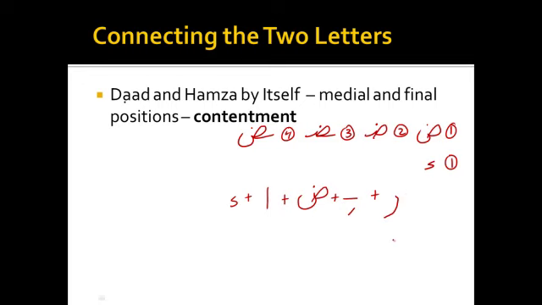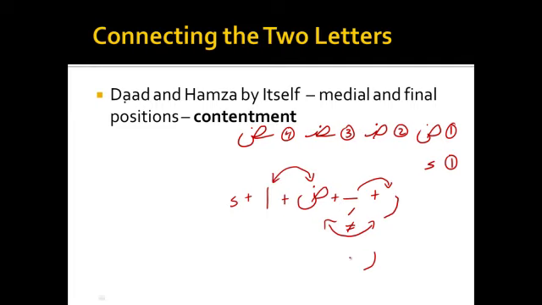So we're going to write this in a word, and we're going to connect. So again, the kasra is going to go on top of the ra. Now the Daad connects from the right, but the ra does not connect from the left. So these are not going to connect. Okay, so we're going to put the ra here. Now the Daad does connect from the left, and the alif also connects from the left.